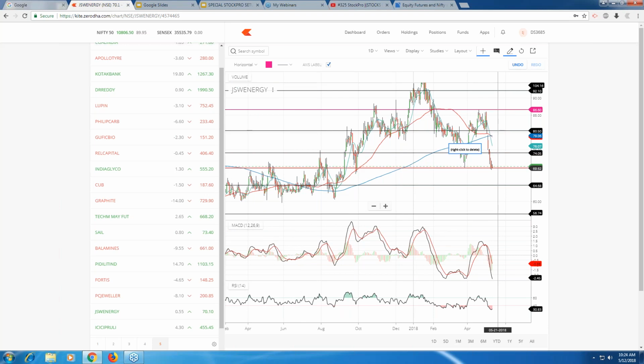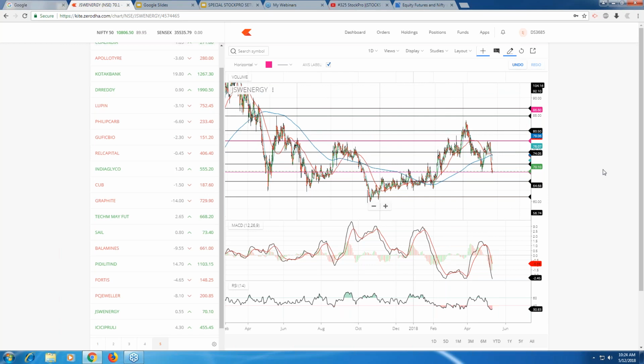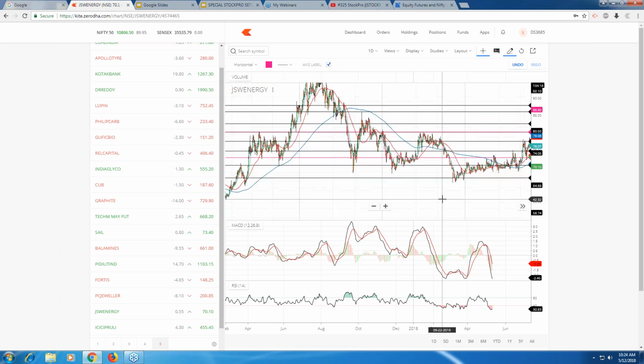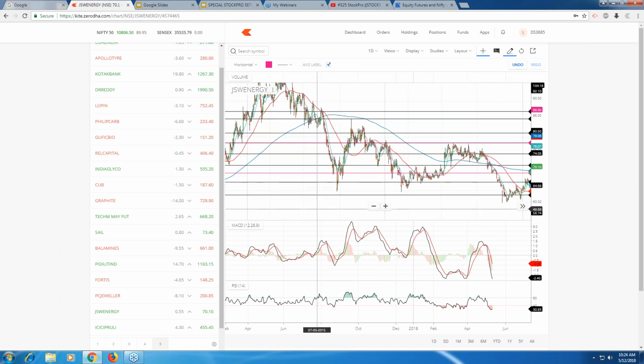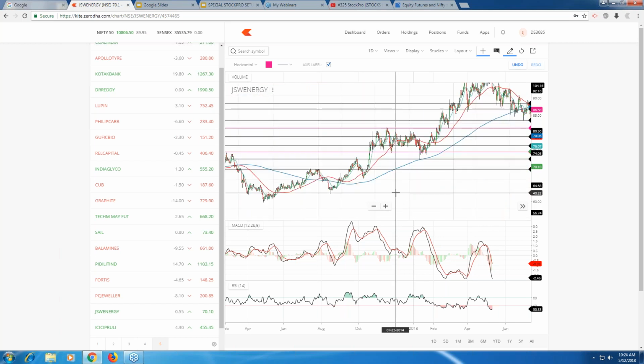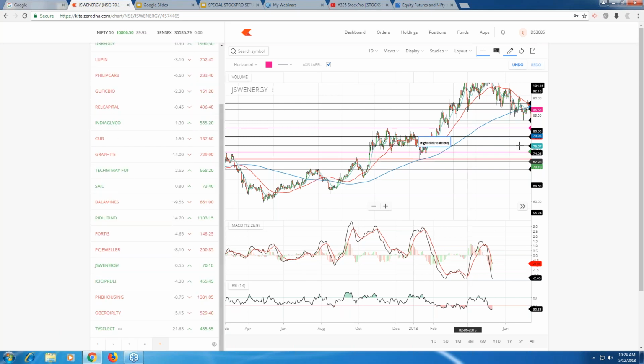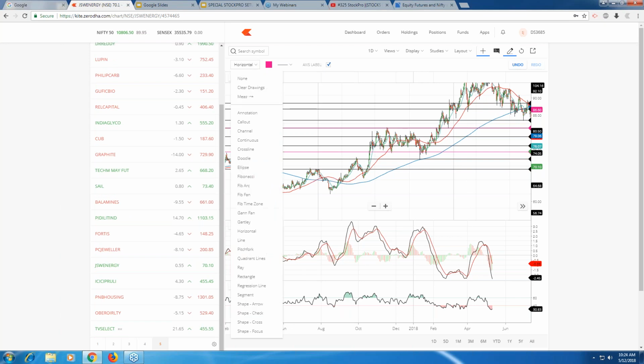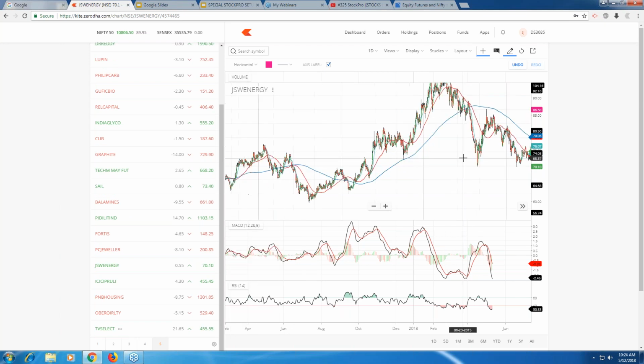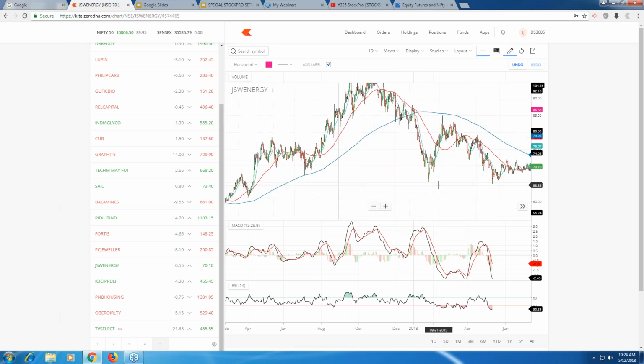Okay, so you have to know your supports and the resistances very clearly. So this is about 200 moving average breakout. I especially use it in equity. Definitely I use it for equity more than I use it for futures or options. But as I have been saying all throughout, if you understand the equity, you get a huge amount of money repeatedly.